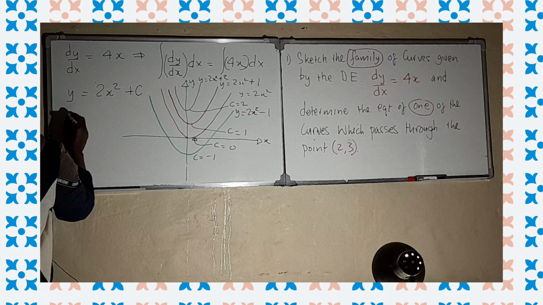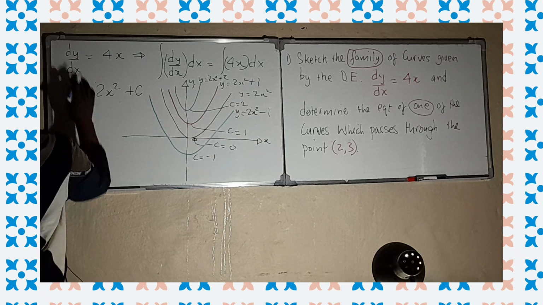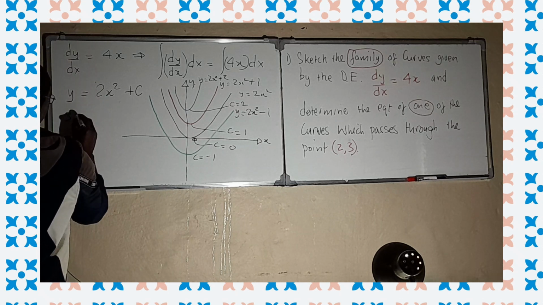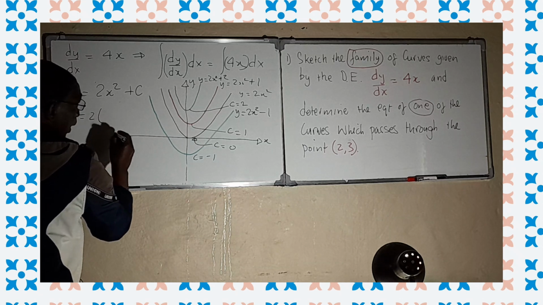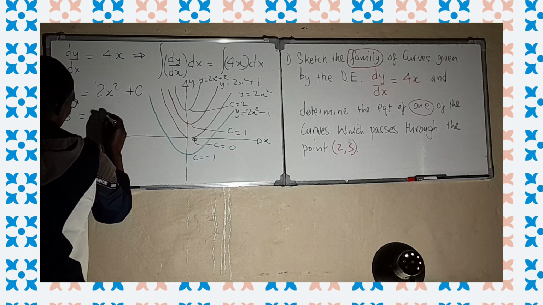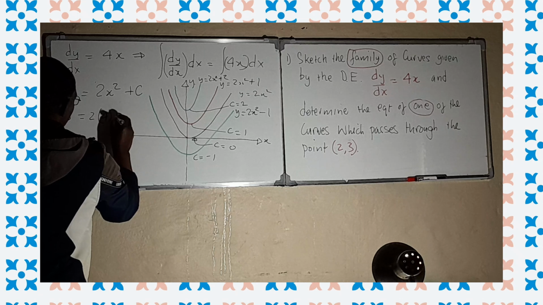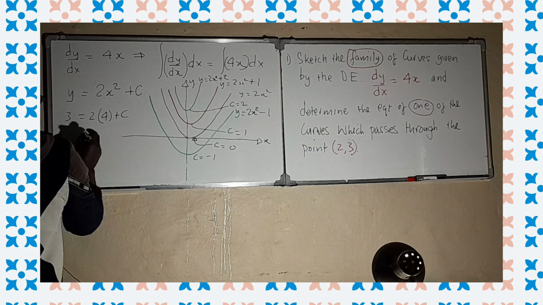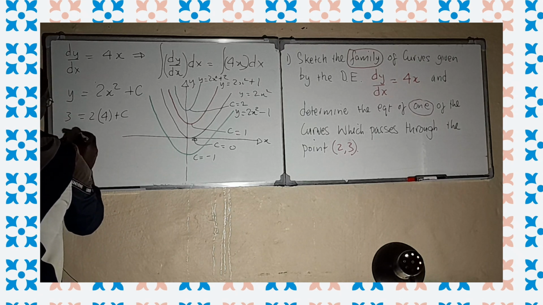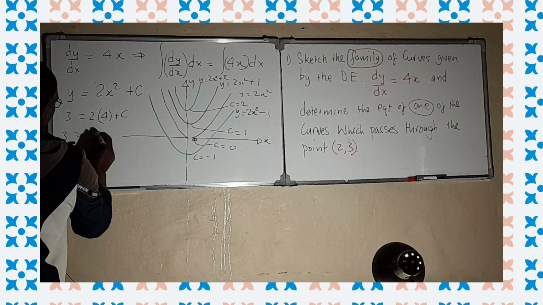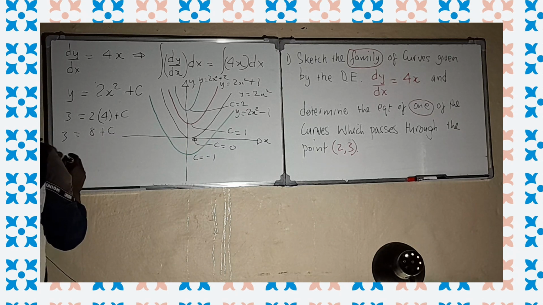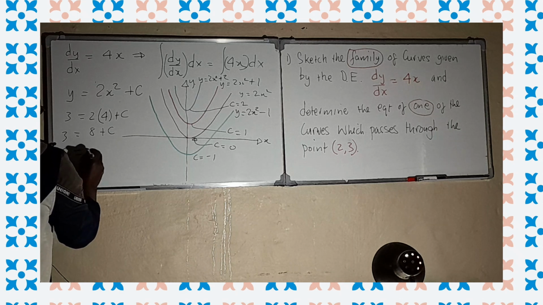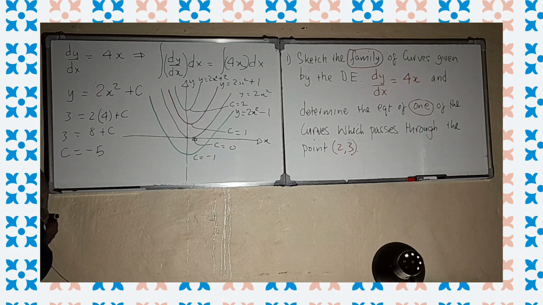We have y is equal to 3, and our x will be 2, so that will be 2 multiplied by 2 squared, which is 4, plus c. So that gives us 3 is equal to 8, 2 times 4, plus c. So what is c? C is equal to minus 5.